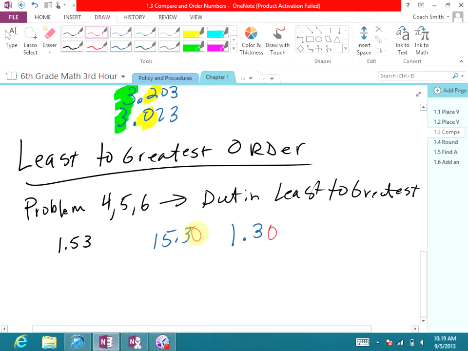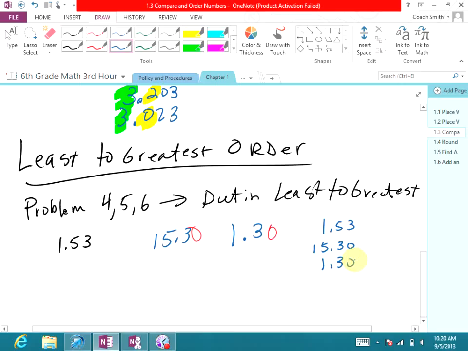So I added a 0 to the 15.3 and the 1.3. The reason I did that is because the first number has 2 digits to the right of the decimal, so I want these two to have 2 digits to the right of the decimal. The second thing I'm going to do is stack them vertically. So 1.53, 15.30, and 1.30.